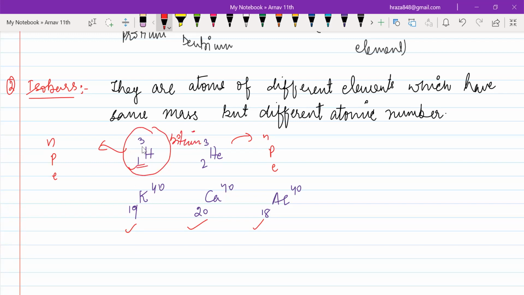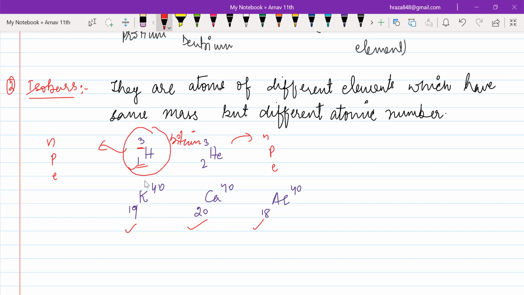That is atomic number 1 but mass number is 3 now. So this is the isotope of hydrogen, that is tritium, and here it has neutrons. Sir, one neutron. Only one neutron? Did you calculate with the formula?